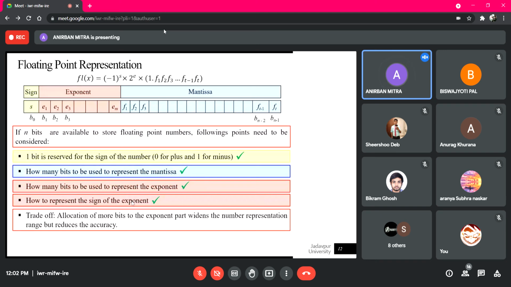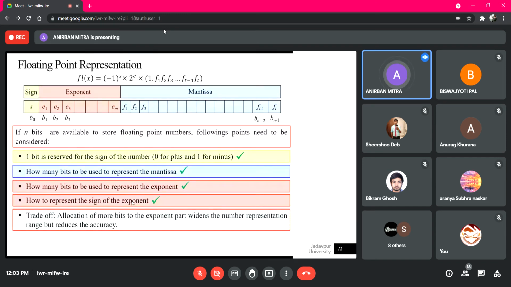I cannot change that. N is fixed. Out of that, 1 bit is taken up for the sign of the mantissa. So now I have n minus 1 bits. In that, I have to represent both the exponent as well as the mantissa.